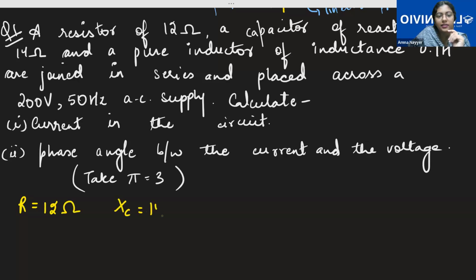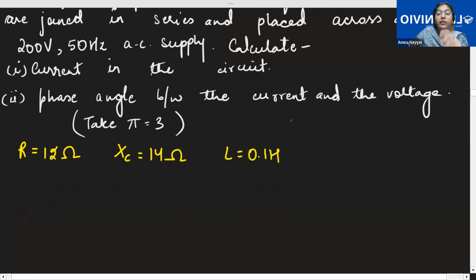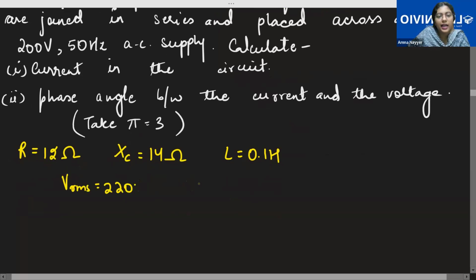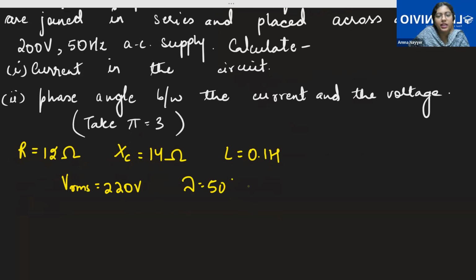Capacitive reactance is given as 14 ohm. Inductance is given, not inductive reactance, because 0.1 Henry is placed. They are all joined in series and placed across a 220 volt, 50 hertz supply. I told you whatever is the supply, that is your RMS value. RMS is given as 220 volt and frequency is given as 50 hertz.